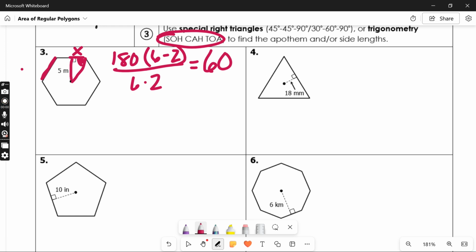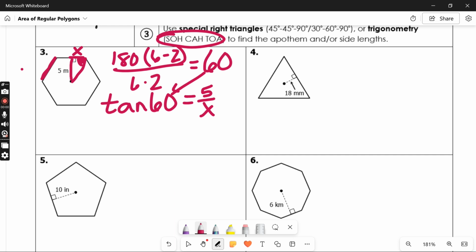So for 3, 4, 5, and 6, when we're looking for the side, we're going to be using tangent. So I'm going to say tangent of 60, so that angle that we got right there, is equal to 5 over x, since tangent is opposite, directly across from that angle.